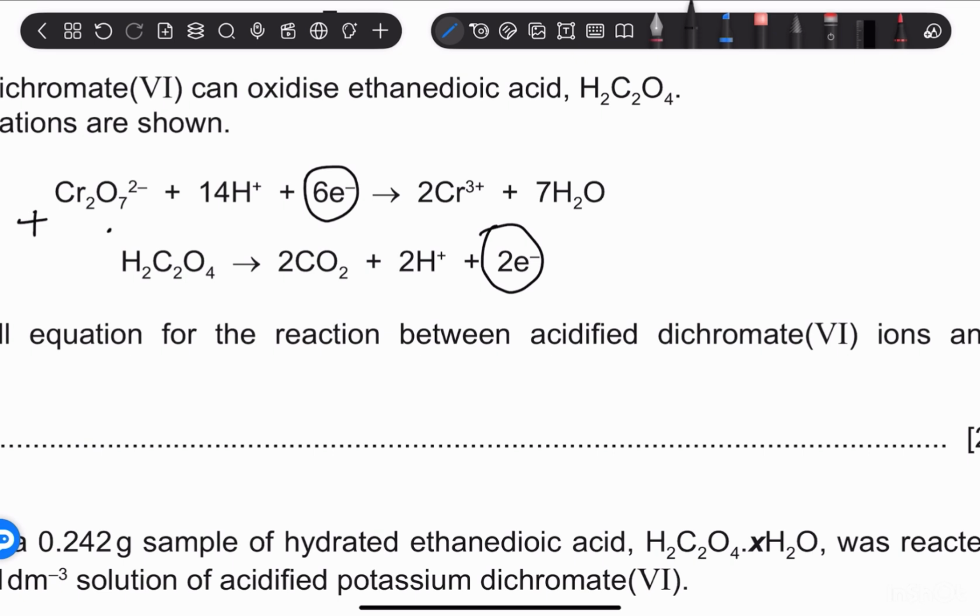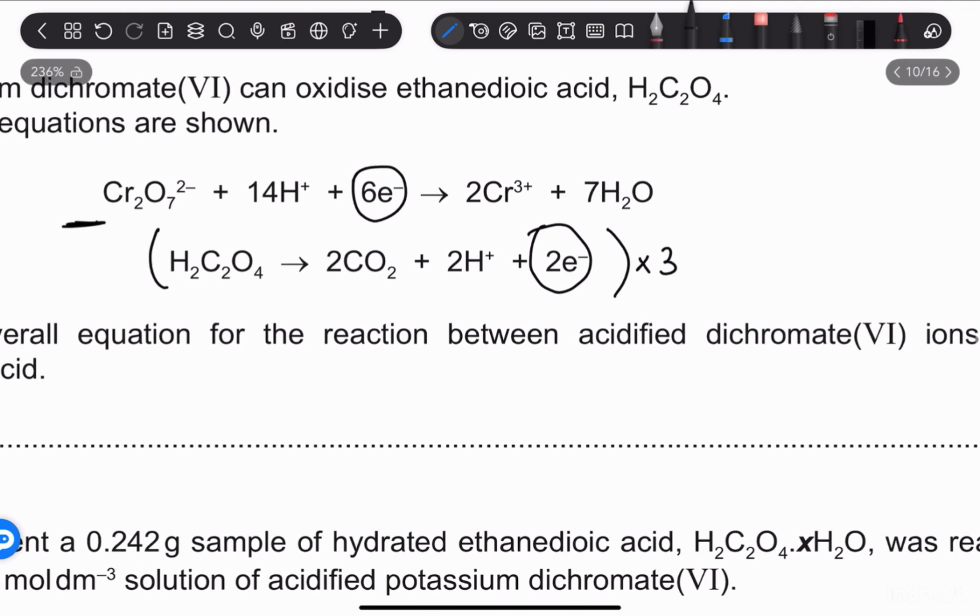So what we can do is multiply this entire equation by 3 so that we get 6 electrons here. And when we add this, I'm sorry, we're supposed to subtract, not add. When we subtract these two equations, we get no electrons on either side. So I will just put the 3.